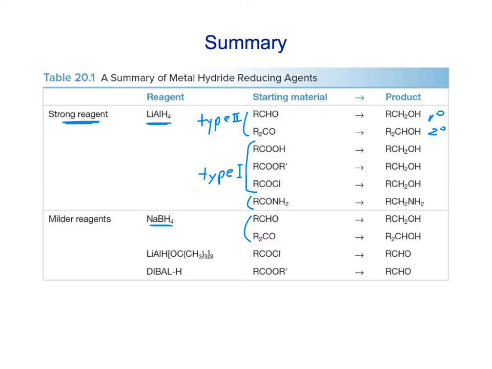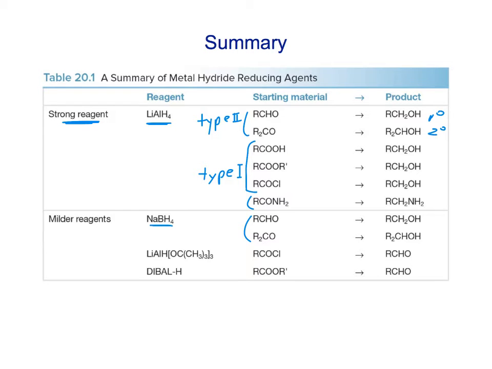It essentially does the same reaction on aldehydes and ketones that lithium aluminum hydride does. The difference is that sodium borohydride will not reduce carboxylic acids, esters, or amides. So if we had more than one of those groups in a molecule, it's only going to reduce the ketone or aldehyde.